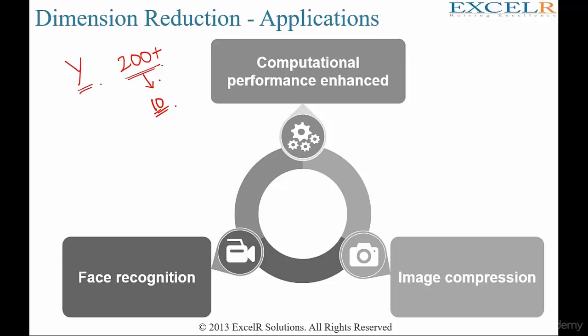I'm not speaking here about deletion, right? We are not speaking about deleting 190 irrelevant variables and considering only 10. That is not what we are speaking about. We are speaking about mathematically transforming the 200 variables in such a way that the information captured in all 200 variables gets captured in probably 10 variables.